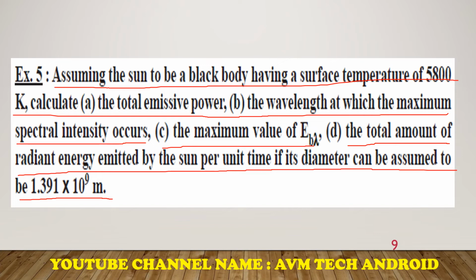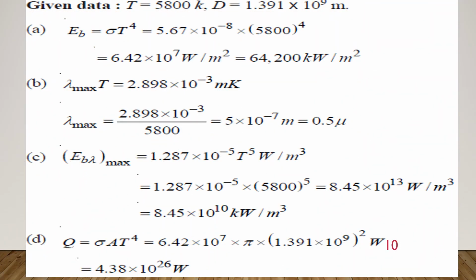So what we have to do is, for the sun the temperature is given and we have to find out 4 answers. So sun temperature is given 5800 Kelvin. Now let us solve it. It is very easy now. Temperature is given 5800 Kelvin, diameter of the sun is given 1.391 into 10 power 9 meter.